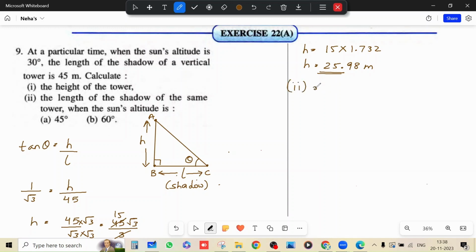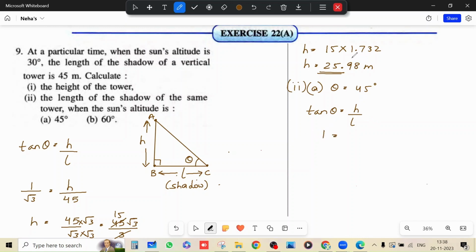So here the value of theta is given as 45 degrees, and we have to calculate the length of the shadow. So from the triangle you can see tan theta is equal to h upon L. So the value of theta is 45 degrees here, so tan 45 degree is equal to 1.